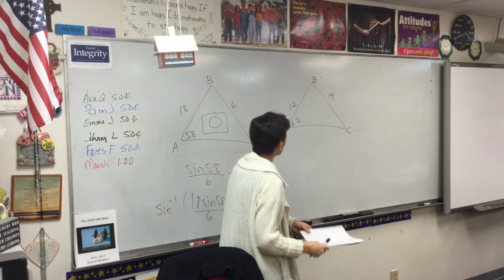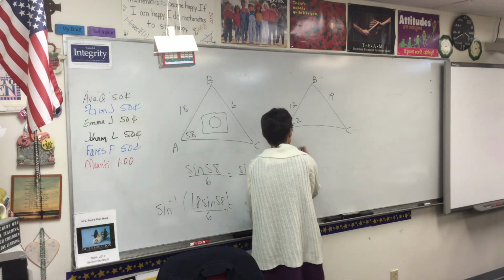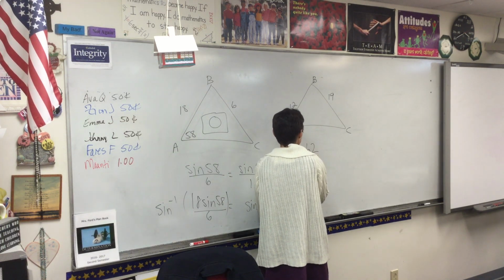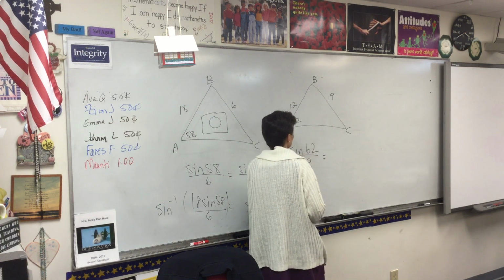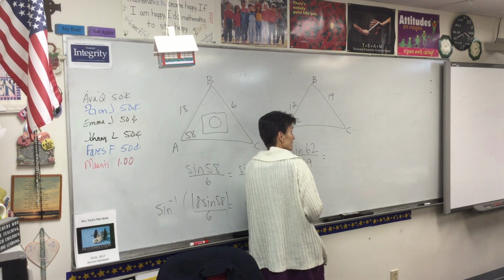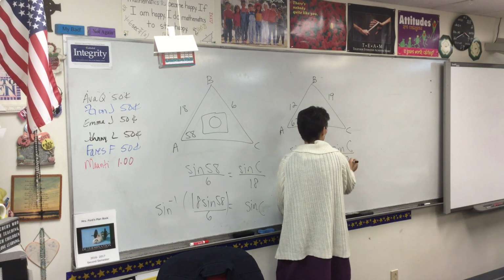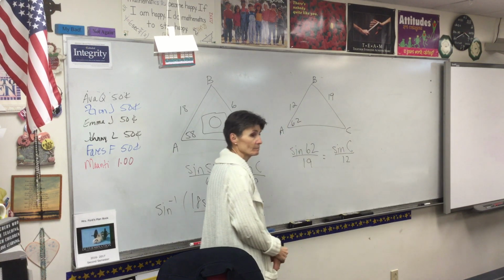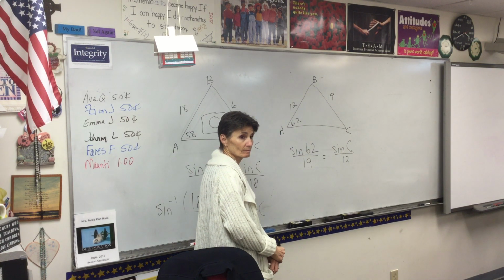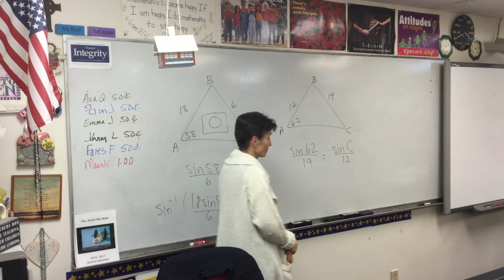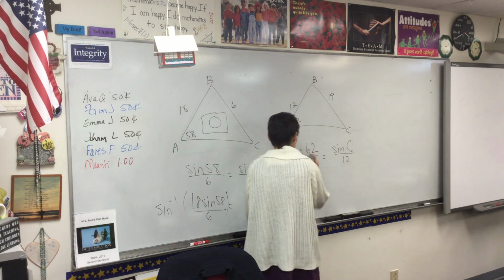Here we go. Sine 62 over 19 equals sine C over 12? So we bring the 12 over.